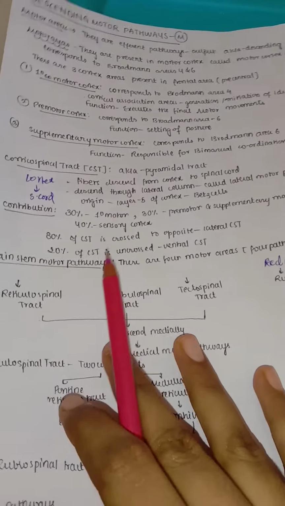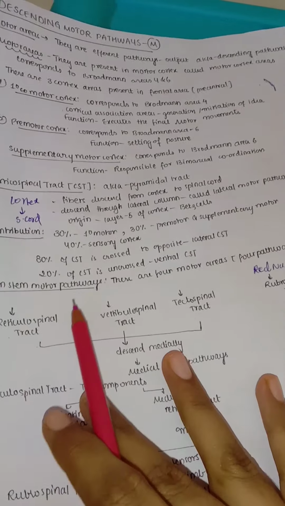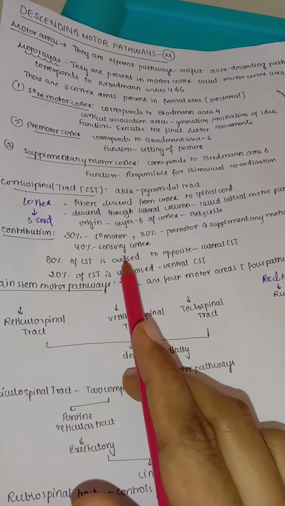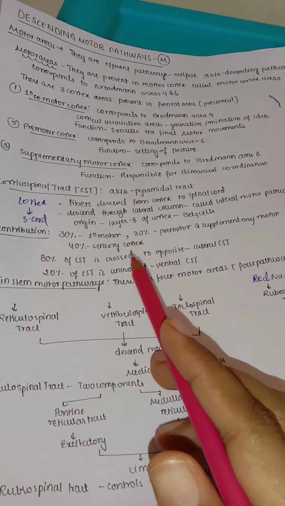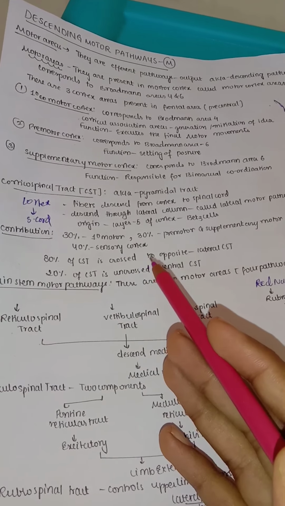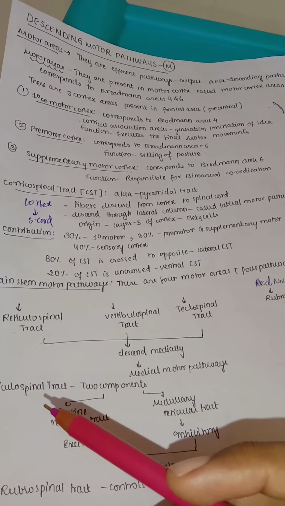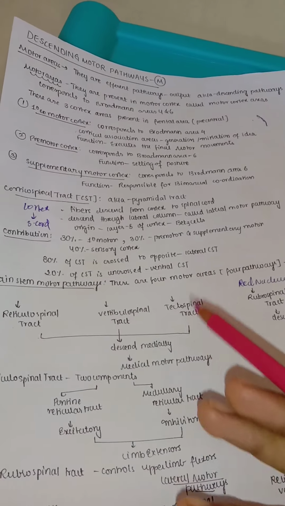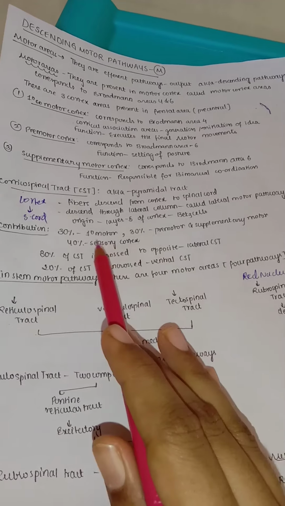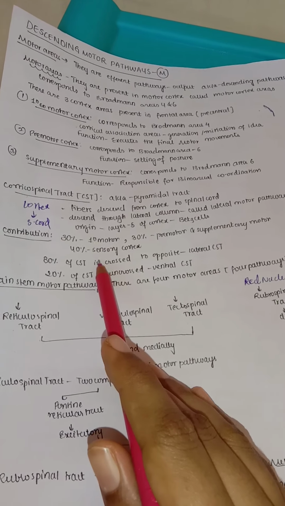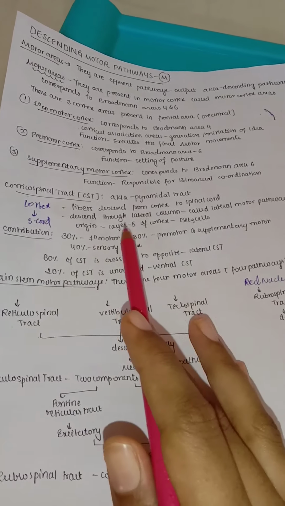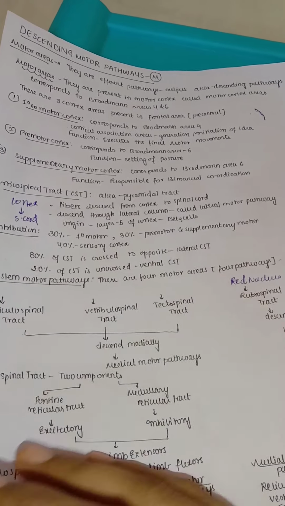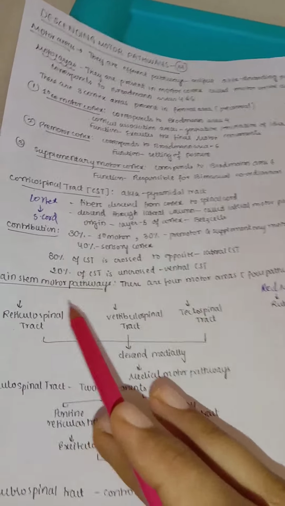So you can see here, even though this is a motor pathway, the sensory cortex is playing the major role, 40% among all this, because you can understand that by efferent the information will be coming to the sensory cortex. From there only the efferent will come, that is the motor. So mainly the sensory cortex is playing a major role, from which the efferents are coming, and even 30% is from primary motor, 30% from premotor, and also supplementary motor. These are the percentages we need to remember.